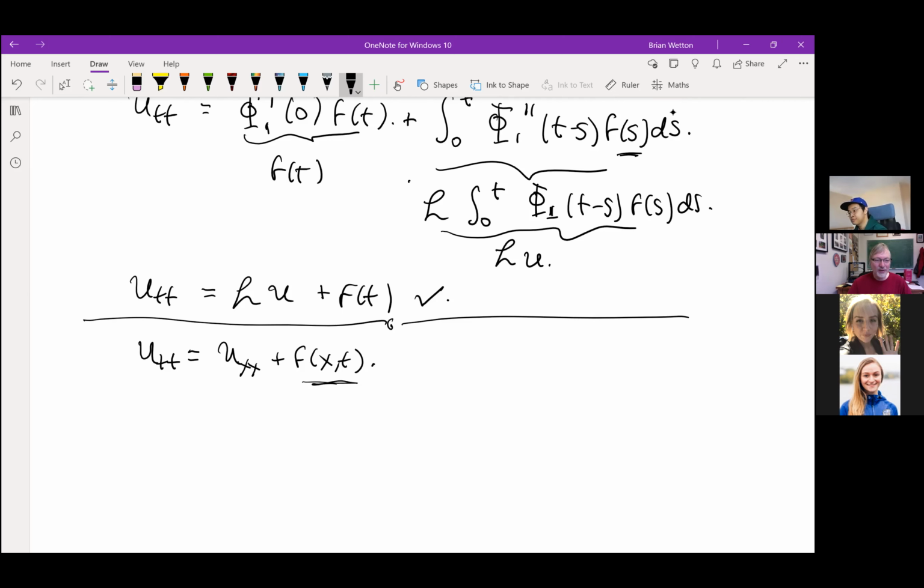The reason why we can call t a time-like variable in this case is that's the kind of initial conditions that were given, right? We gave initial conditions at t equals 0 for u and its time derivative. And so that's then like this flat line that now we're moving away from.